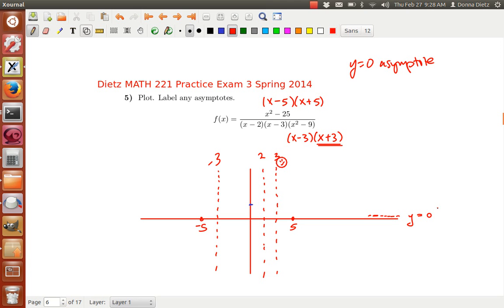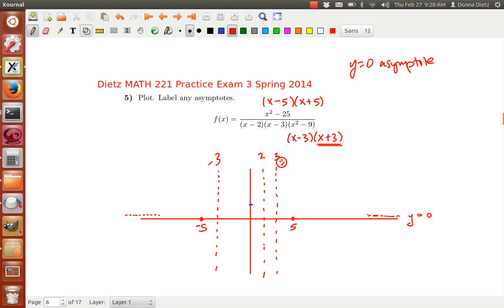The numerator is still going to be positive, because negative infinity squared is still positive. Similarly, you have 4 terms in the denominator, so it's still going to be positive at negative infinity.